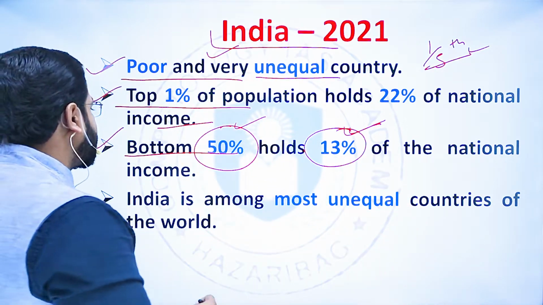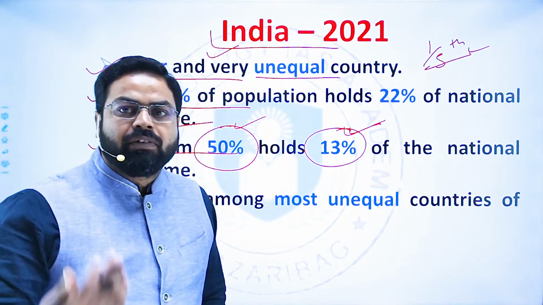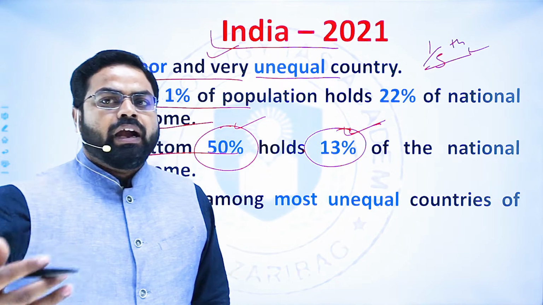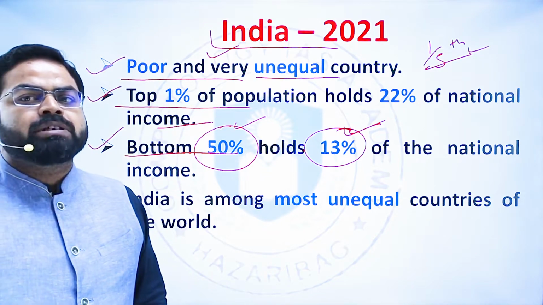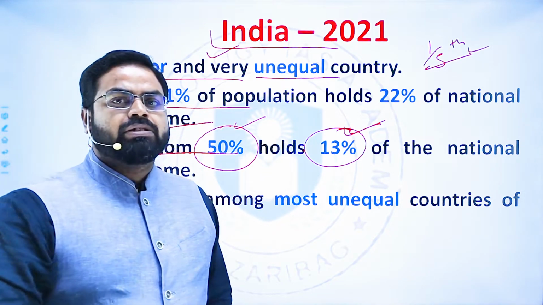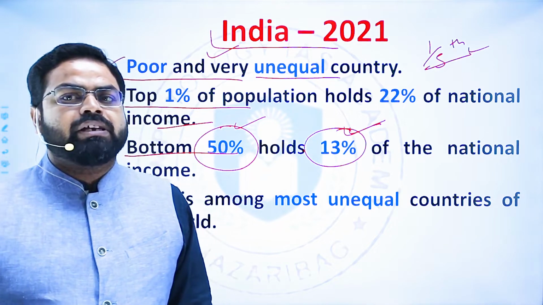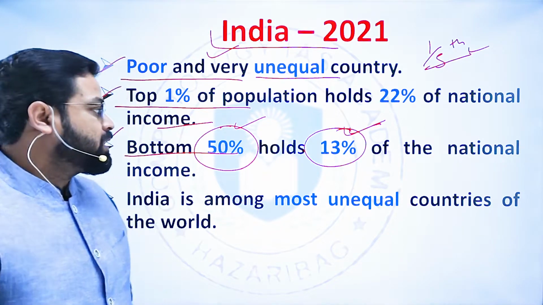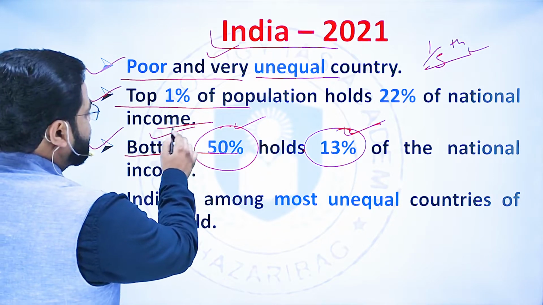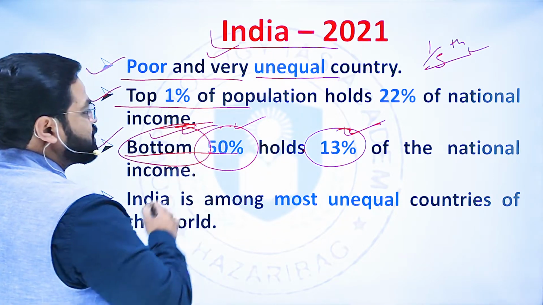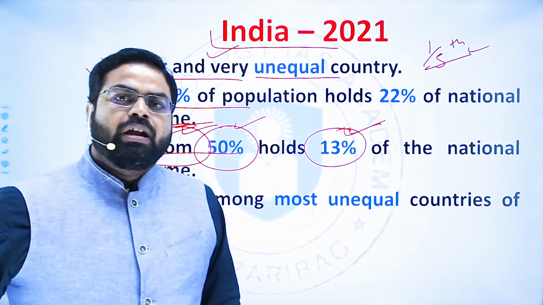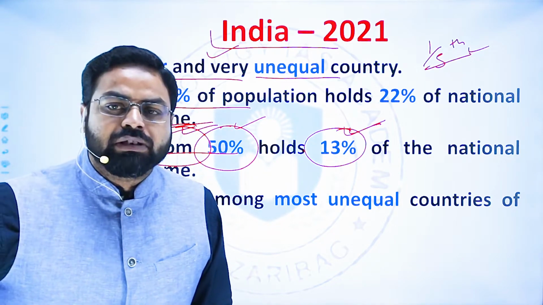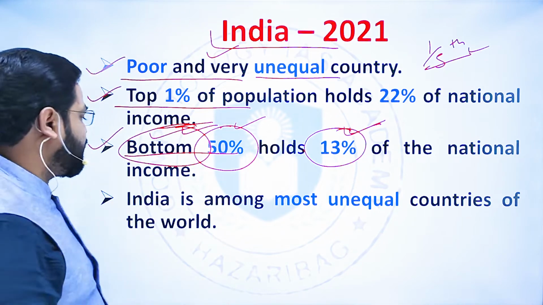That is why it becomes very important for the government to start various social programs and wealth distribution programs to manage the situation, to minimize the inequality, because due to this, the lower strata of the society will not be in a position to live a good social life, and they will not be in a position to have a good amount of livelihood.